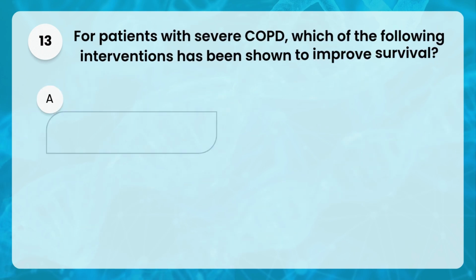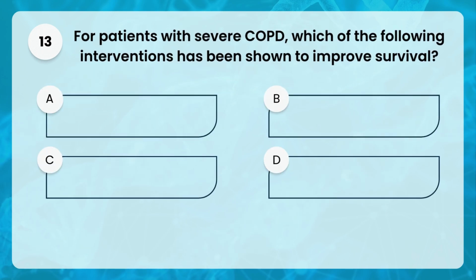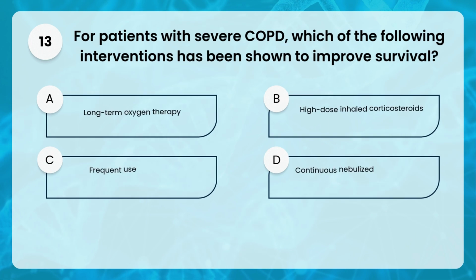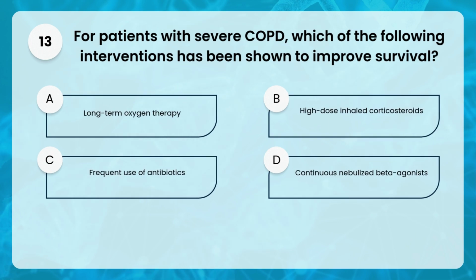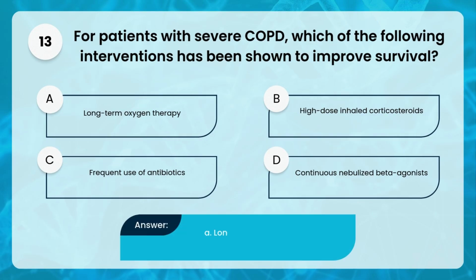For patients with severe COPD, which of the following interventions has been shown to improve survival? A. Long-term oxygen therapy. B. High-dose inhaled corticosteroids. C. Frequent use of antibiotics. D. Continuous nebulized beta agonists. The answer is A. Long-term oxygen therapy.